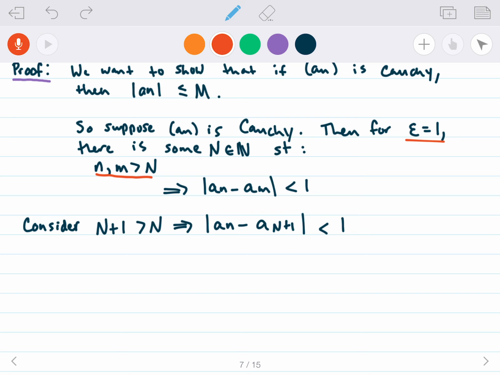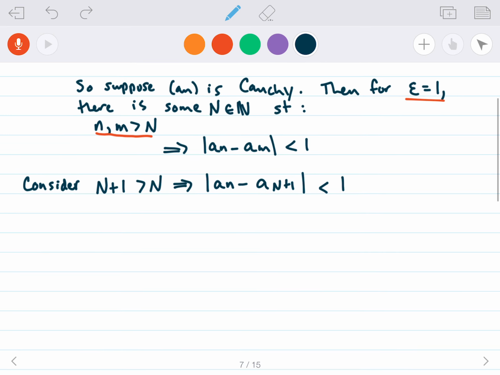Okay, so we can do some manipulation with the triangle inequality. So we have the following. We want to bound a sub little n. So I want to do the triangle inequality trick and write this as some stuff that I can bound. Okay? So the stuff that I can bound is right here.